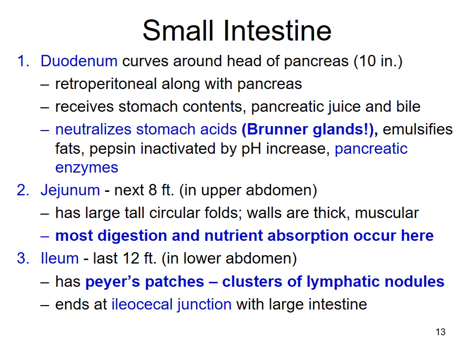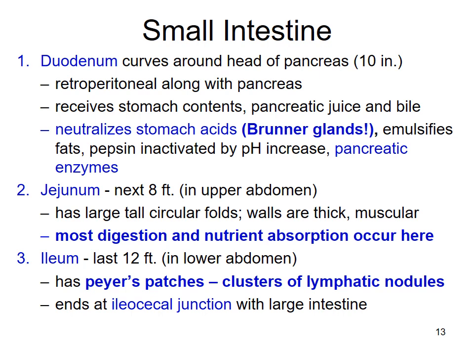So just to reiterate, your duodenum is the first part. This is the part that's exposed to the pyloric sphincter of the stomach, and its main purpose is to neutralize the acidic chyme, which it does by Brunner glands secreting lots of mucus and bicarbonate. It's also the receiving point of your pancreatic juices and your bile secretion.